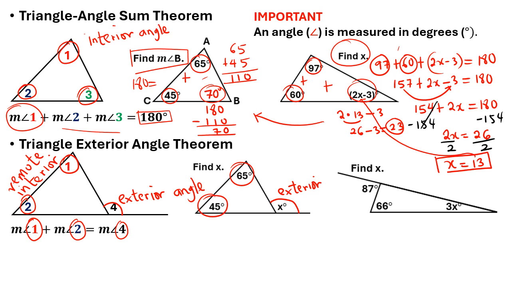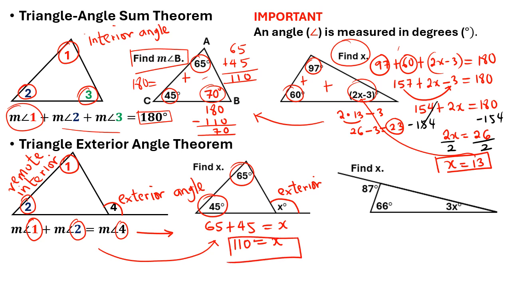If they are remote interior, we can just apply the triangle exterior angle theorem to solve the problem. So 65 plus 45 will be equal to x by this theorem. So 65 plus 45 is going to give 110. That means the exterior angle equals 110 degrees.